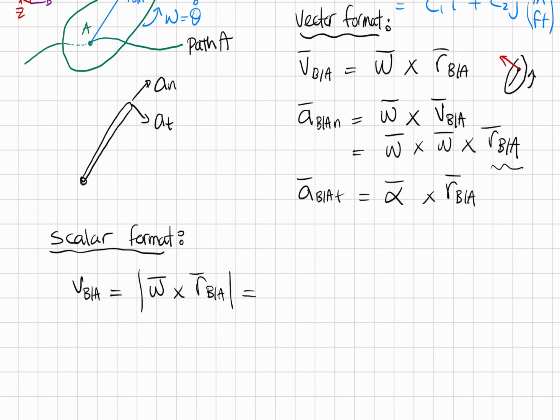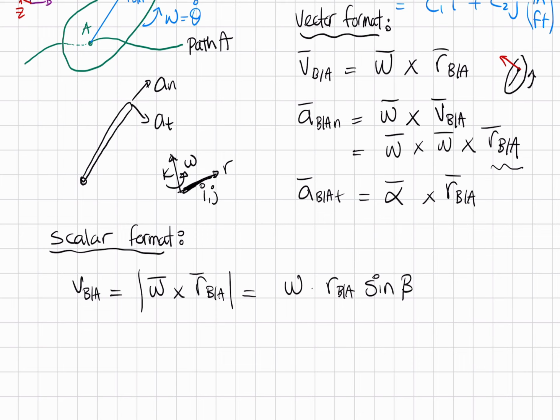If you recall from the definition of the cross product, we have omega cross RBA times sine beta, where beta is the angle between the k vector that's describing omega and the r vector. Omega is going around, the k vector is coming out of the page, and the r vector is described by the i and j unit vectors.